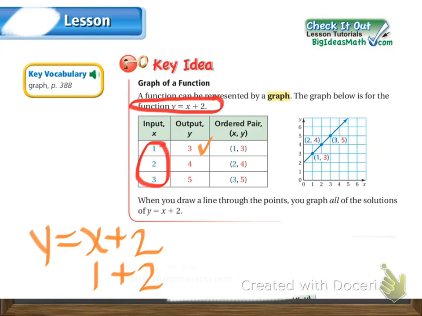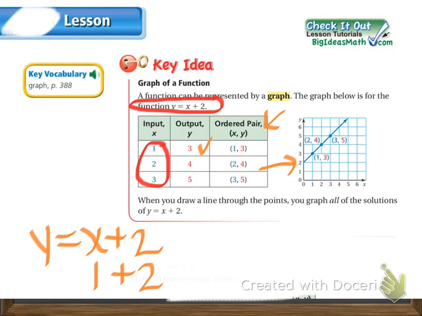So they went through and did everything to complete the table, and you see they have an ordered pair over here that we talked about in class today. Your ordered pair is x, which is the input, and y, which is the output. With them together, you can then move over here and plot the points on your graph by crawling across and walking up. You can see that they've labeled all their points, 1 and 3, 2 and 4, and 3 and 5.